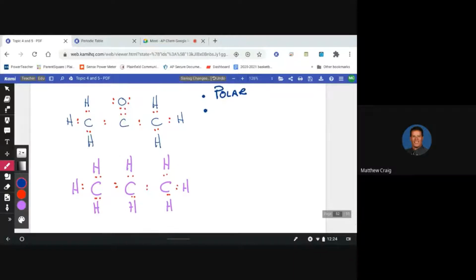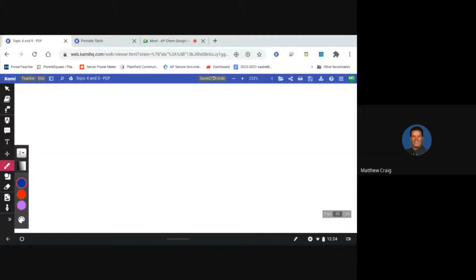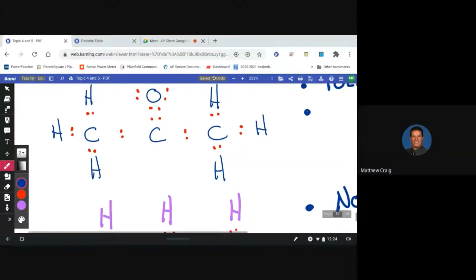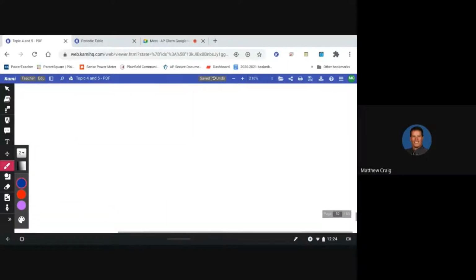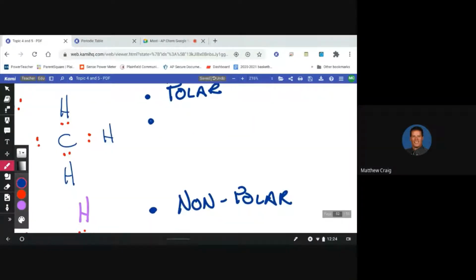Is the propane polar or nonpolar? Nonpolar. How do we know that this is polar? If we were to draw a skeletal structure, we would have the carbon, carbon, carbon, and then oxygen up here with the hydrogens. So I like the argument of different external atoms.